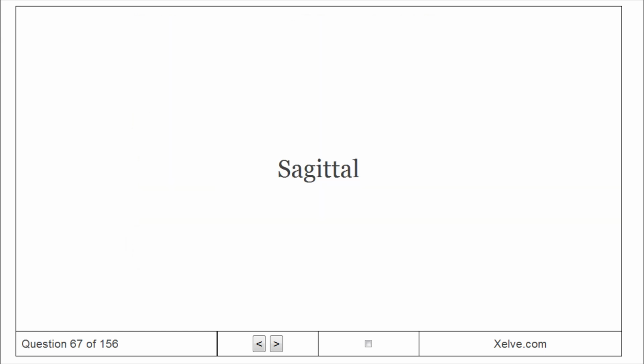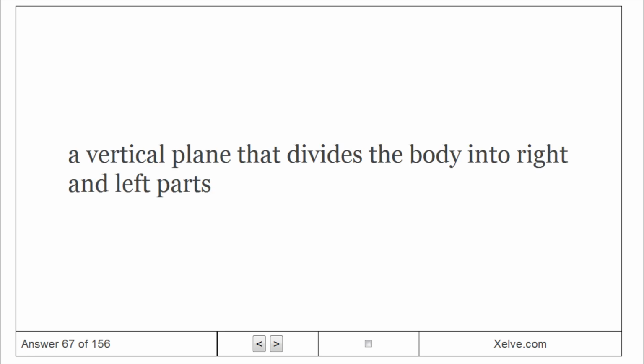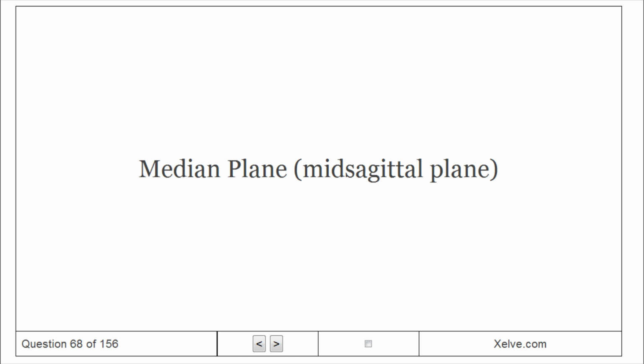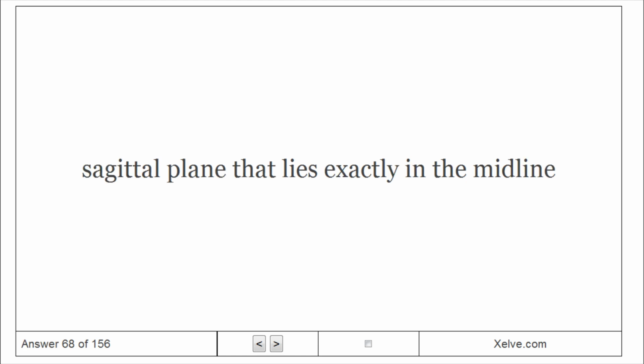Sagittal: a vertical plane that divides the body into right and left parts. Median plane, mid-sagittal plane: the sagittal plane that lies exactly in the midline.